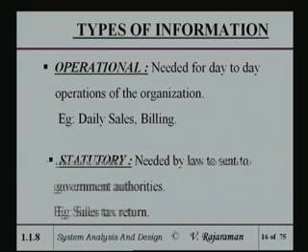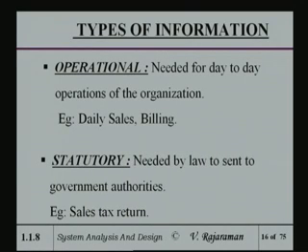So you may decide to remove an AC second class coach and instead put a second sleeper coach. These kinds of tactical decisions are really taken by the level of people like general managers and so on. Operational, we said, is for day to day operations, and statutory is primarily what is required by the law for you to provide to the government.